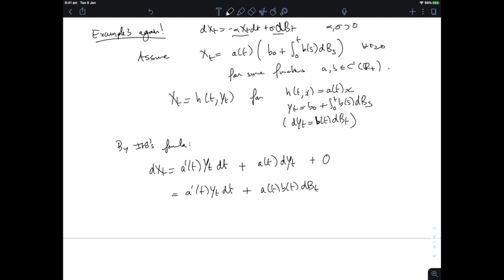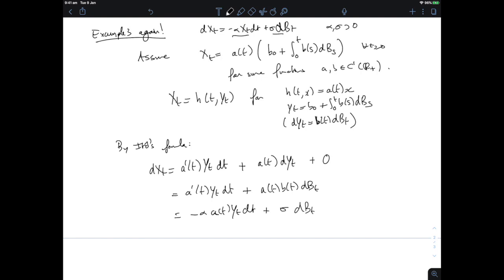Well, I wanted to solve the equation, so I want this to be equal to minus alpha xt, and remember that xt is a of t times y of t, and plus sigma dBt.